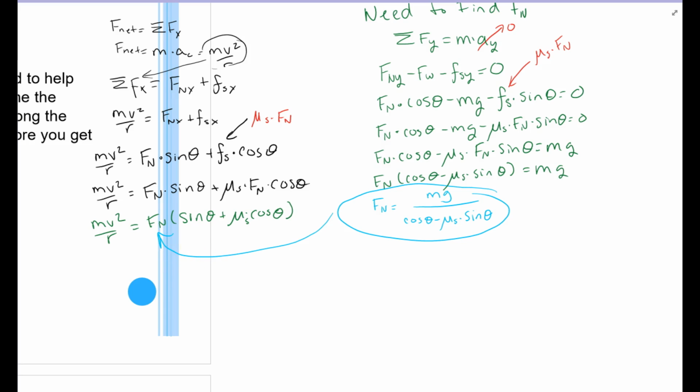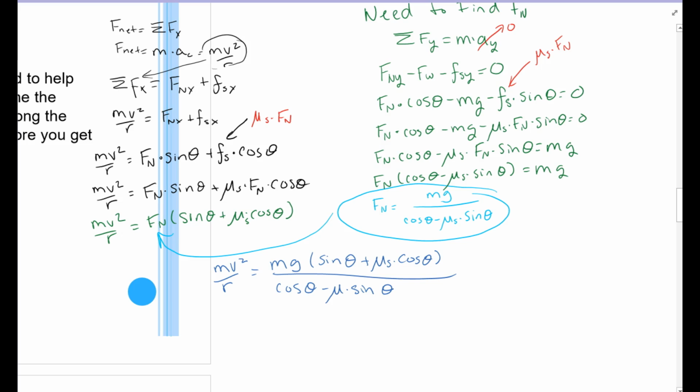Keeping the left-hand side of my equation the same, I have mv squared over r, where the Fn is now mg, all over the cosine theta minus mu sine theta, and my upper part stays the same: sine theta plus mu cosine theta, all over the cosine theta minus mu sine theta.